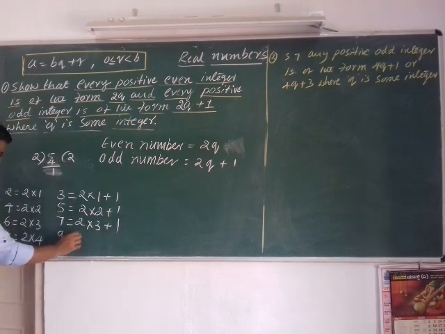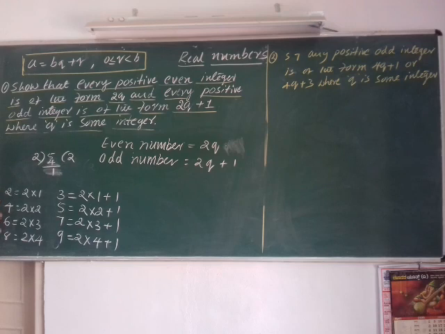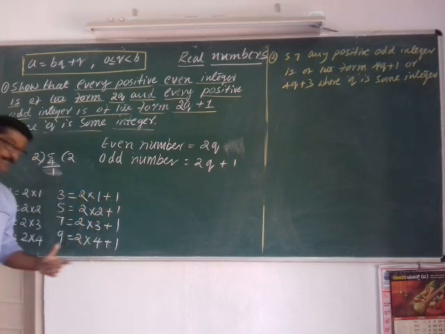We divide 9 by 2, it will be of the form 2 into 4 plus 1. See, here we have divided even numbers and they are of the form 2q. Here all odd integers are given and when we divide them by 2, we get this pattern 2q plus 1.